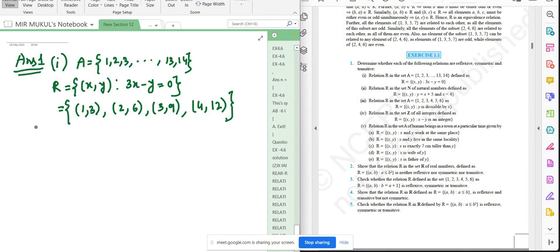Now, check reflexive or not. So it is not reflexive.